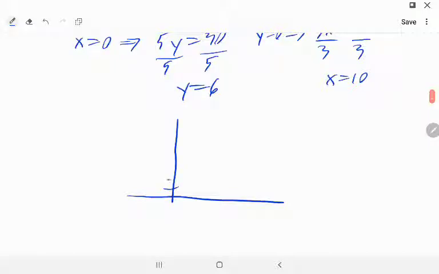We've got 0, 6, and we've got 10, 0. So there's 10, 0, there's 0, 6, and we can connect the dots.